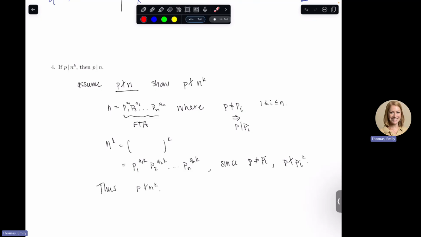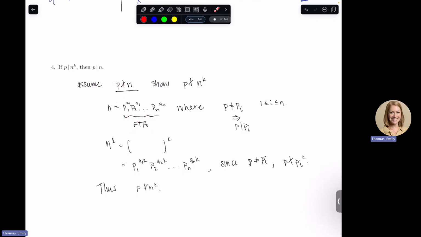So this one, the proof is messy, but, well, this is not a proof either. Scratch work is messy here, but we know we can write n as the powers of primes multiplied together from the fundamental theorem of arithmetic. Say this is, I don't know, 35, right? Then we can write that as 5 to the first times 7 to the first. We're picking some prime that it isn't either one of those.